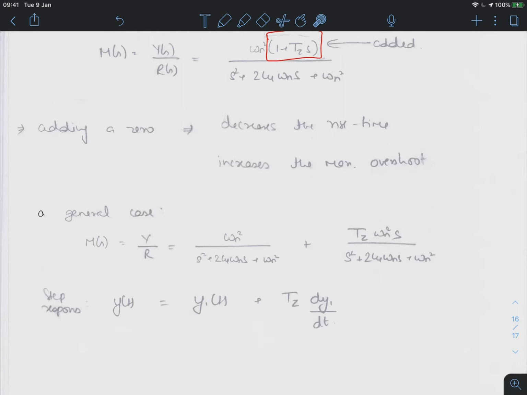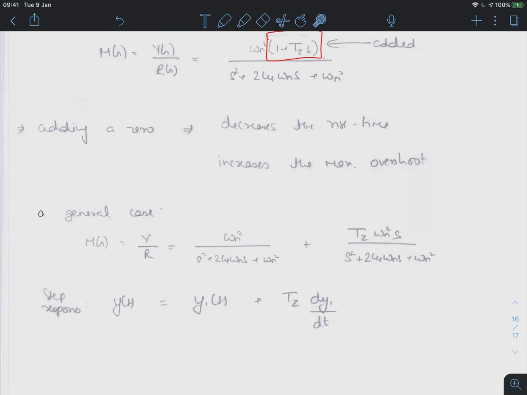So if you see the step response, this is the original response of the second order system plus tz times the derivative. Whenever you have the derivative, your response would become faster, and if the response becomes faster, then the rise time would decrease.